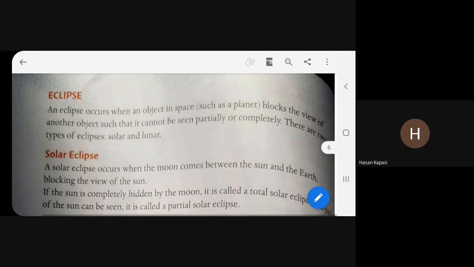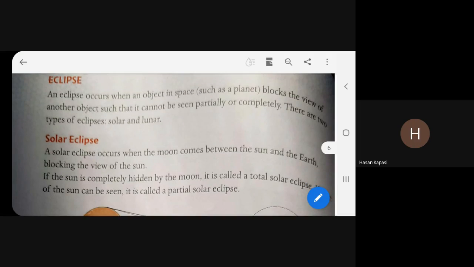Then there is the topic which we had learned, eclipse. In space, an object blocks the view of another object. For example, one planet blocks the view of another object, so that we cannot see the other object completely or partially.